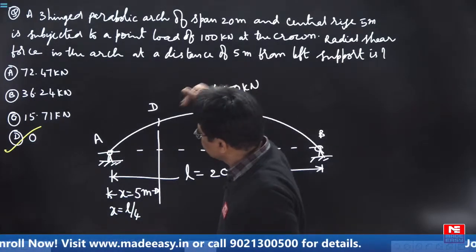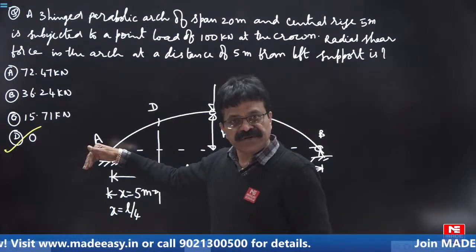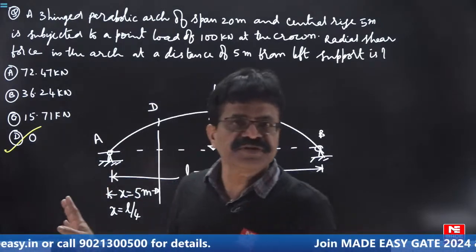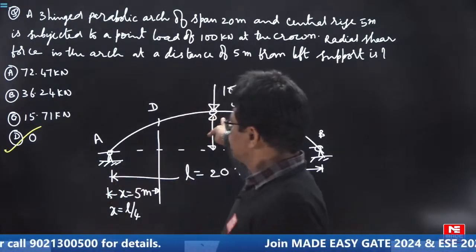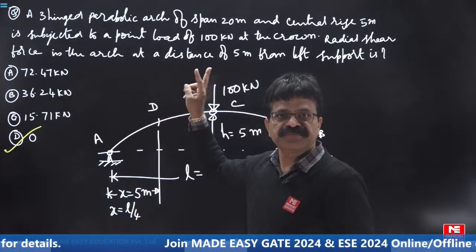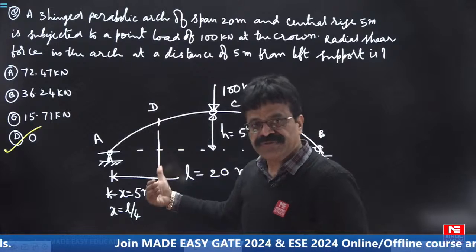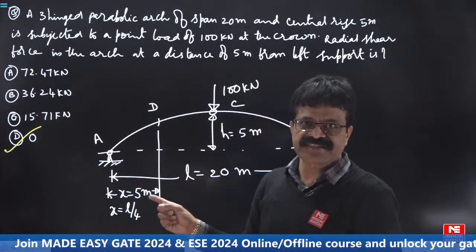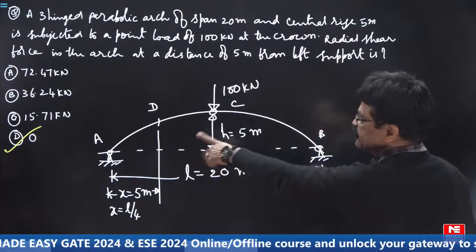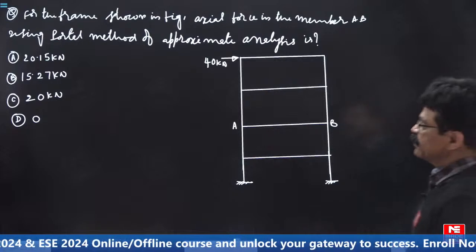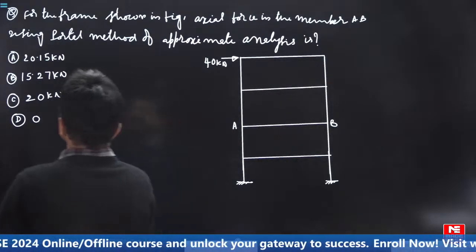You take it, find the components along the normal direction and also parallel to that. That much time you don't have to waste, because load at crown, X is 0.25 L, absolute maximum negative bending moment. We know that shear force must change its sign. While changing its sign, the magnitude of shear force is 0. Okay. Now let us see the next question.